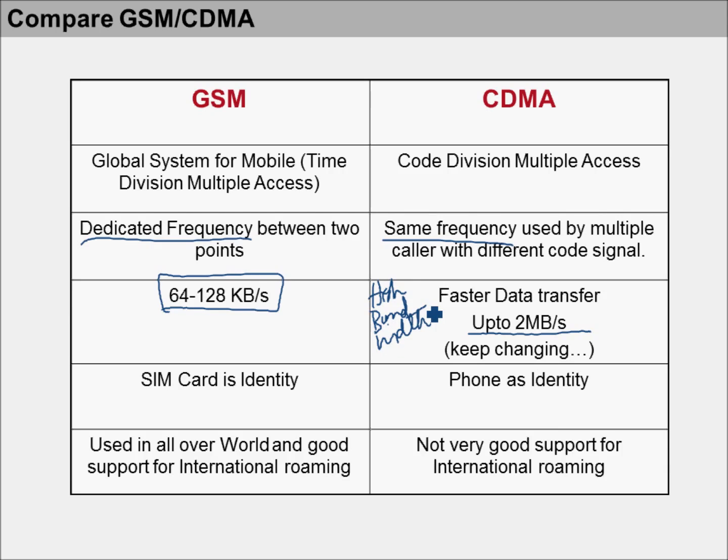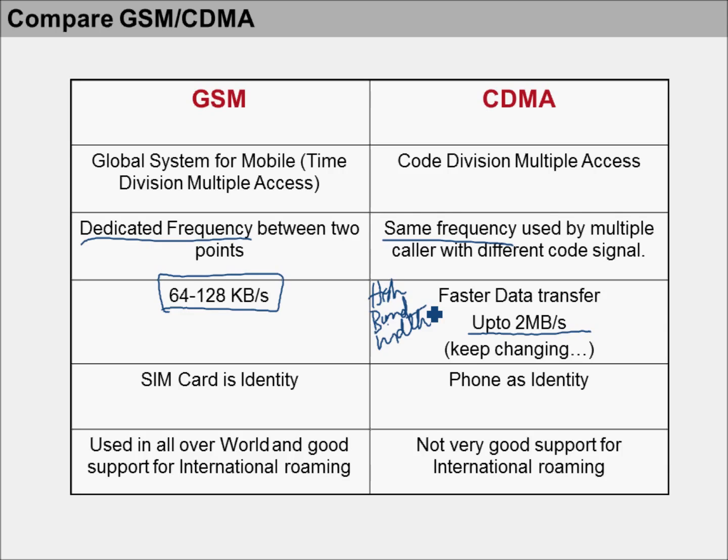In GSM, the SIM card is the identity. So if you change the SIM card from one phone to another phone, that phone starts acting as if that is your number. But in the case of CDMA, your phone number is hard coded in the mobile handset itself. So if you want to change the phone, your phone number will also change.